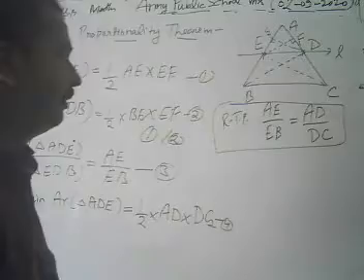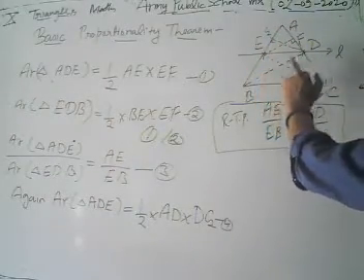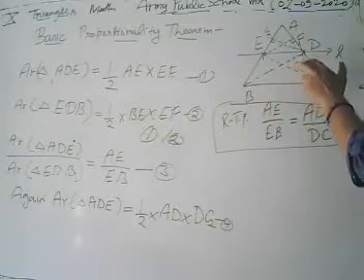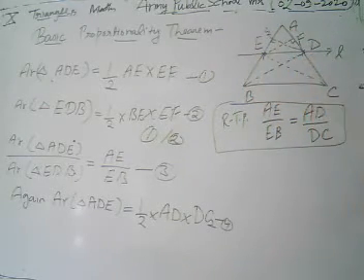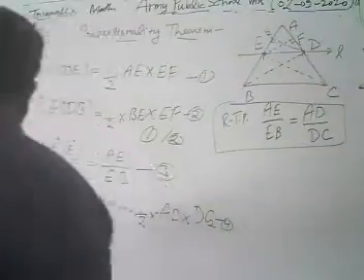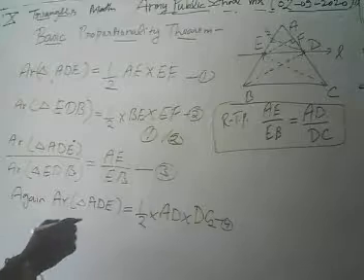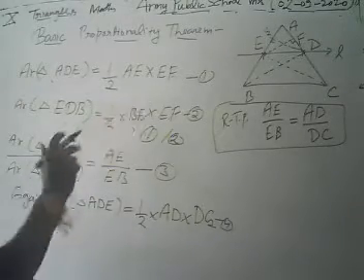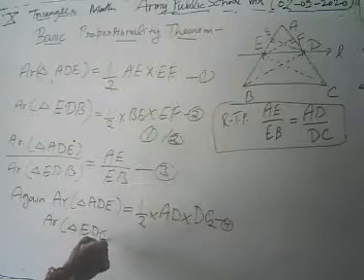Now again we take the ratio of the triangle ADE to EDB. Now we are going to take the ratio of ADE to which triangle? EDC. Now we are going to find out the area of triangle EDC, and I am going to explain why I am going to take the triangle EDB and ADC. Area of triangle EDC.